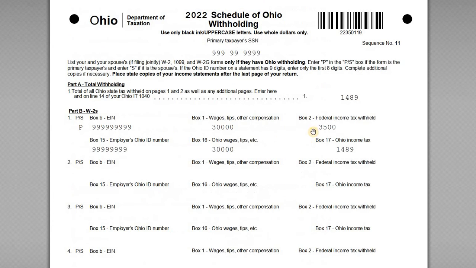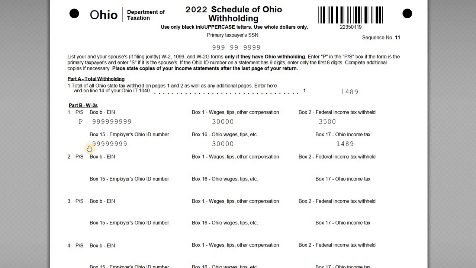So if we go to the ITW here, we can see the Ohio schedule of withholding. Remember, she had that first job in Ohio where it was Ohio wages, and then Ohio income taxes were withheld. So we've got the primary taxpayer here, information on the company, so company EIN, employer Ohio ID number.